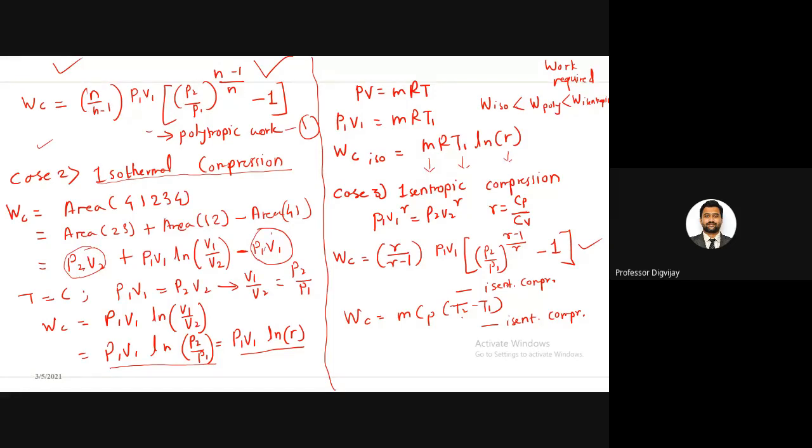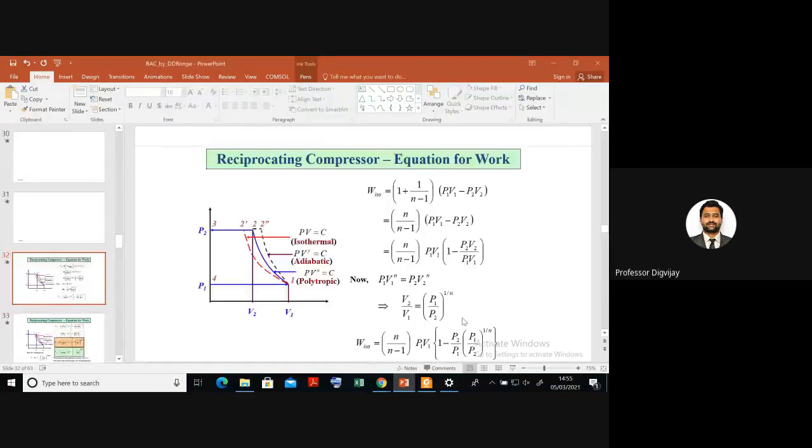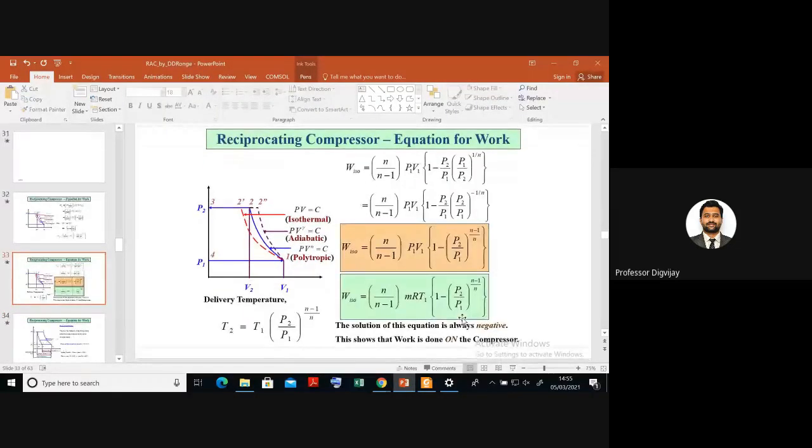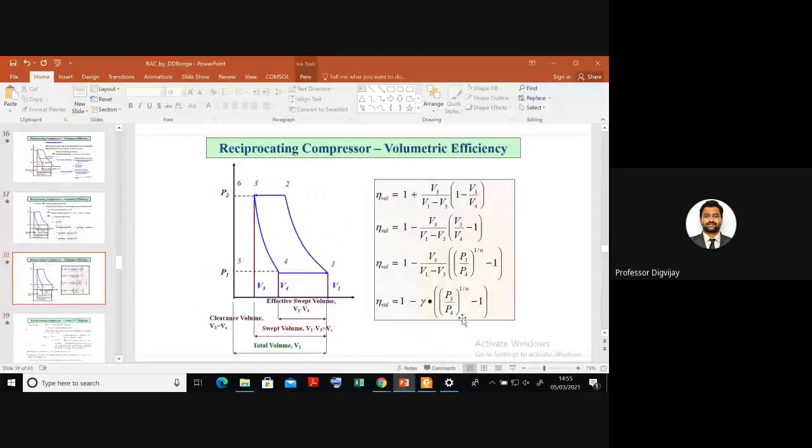Okay, so I think this is enough for today. In the next lecture, we'll take up the importance of clearance volume and what difference it makes. Then we'll take up the need for multi-stage compression. Then we'll solve some numericals for this case. So quickly, I'll take one numerical and then we can stop.